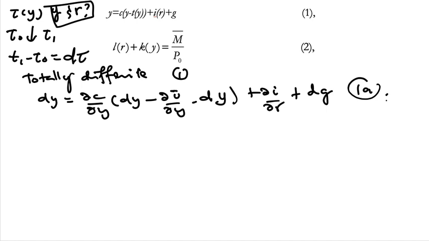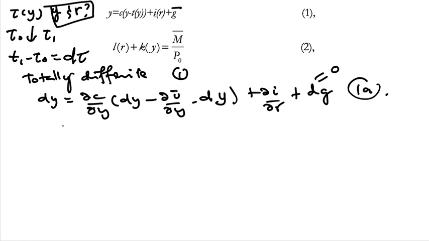Now for this 1a, we have the assumption we don't use government spending, so we don't change government spending. Because government spending is constant, this dG refers to the change, which is 0.